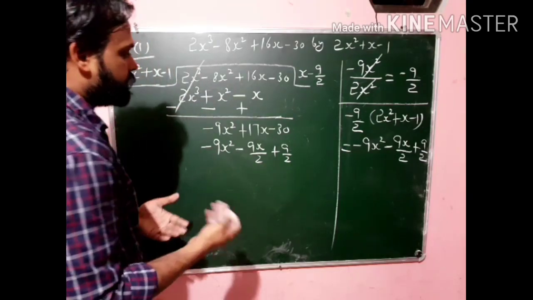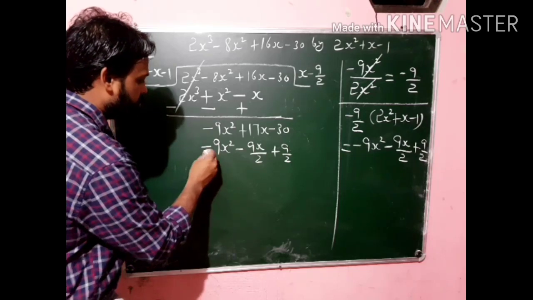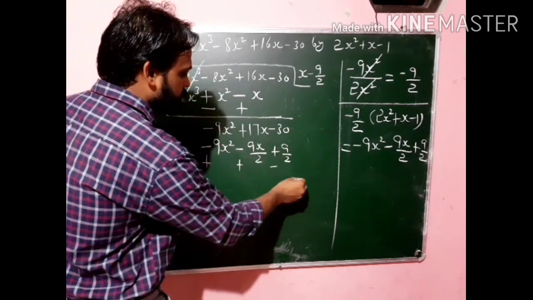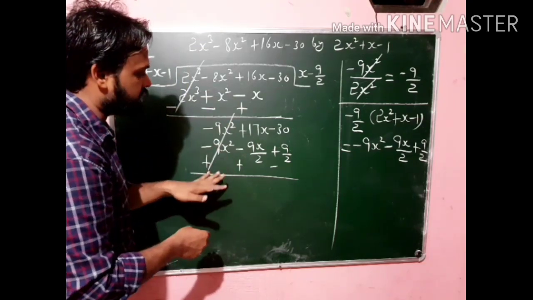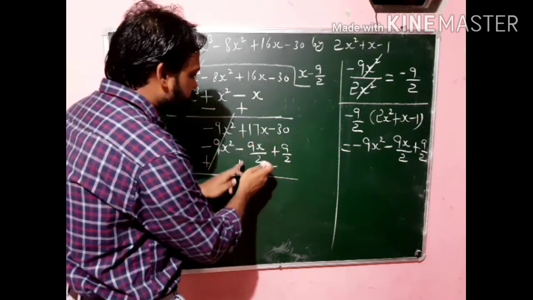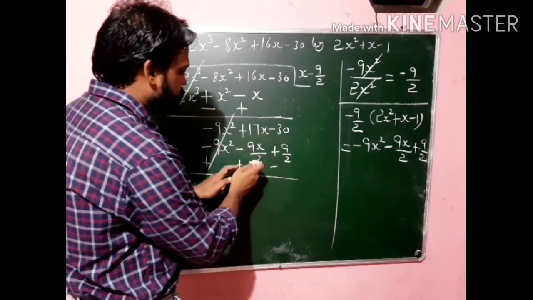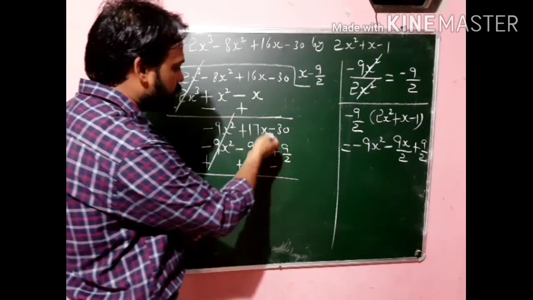And now what we have to do? Now we have to subtract the terms by changing the sign. It will become plus, even here it will become plus, and it will become minus. So now you can see these two terms are of opposite sign, so these are cancelled out with each other. And now you can see this is plus 17x and this is plus 9 by 2x. It means now we have to add the terms.